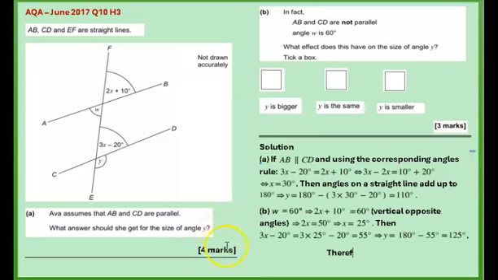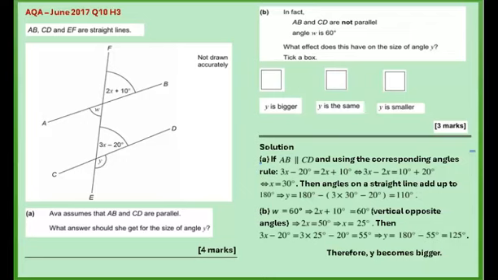As you can see, we get for y the value 125. So our answer is that angle y becomes bigger. And this is all you have to write for another 3 marks.